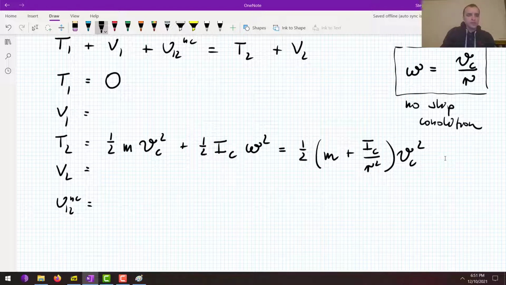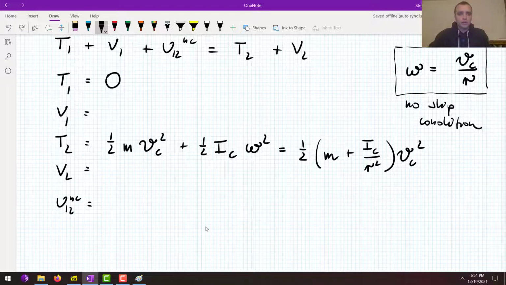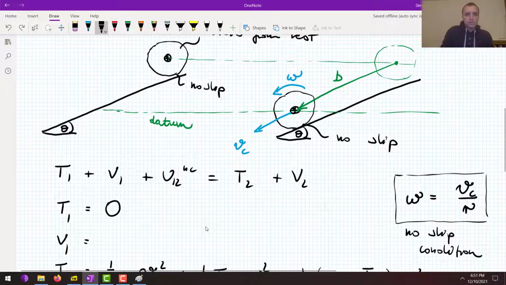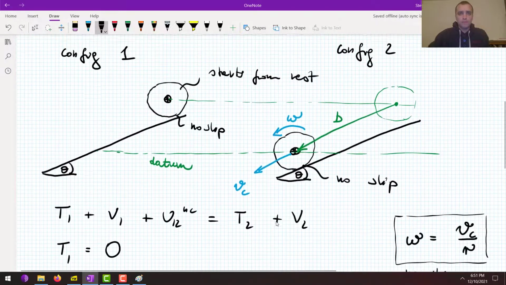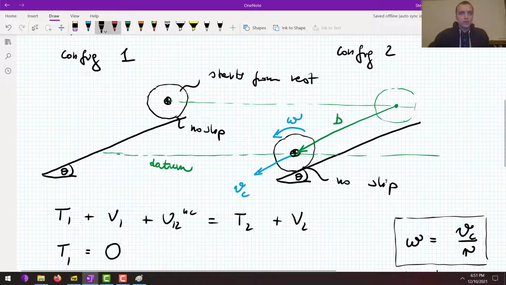Okay, now potential energies V1 and V2. So I think that I located our datum here. So potential energy at the end will be 0. And at the beginning, potential energy is following distance. It's this distance, right?